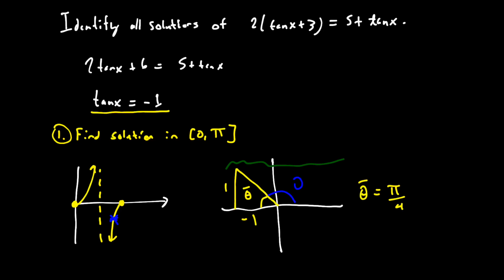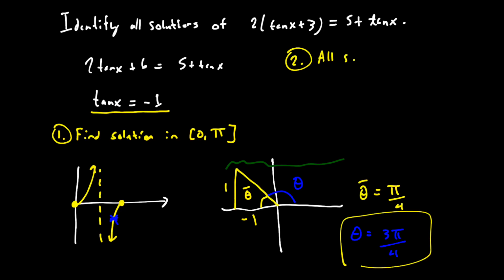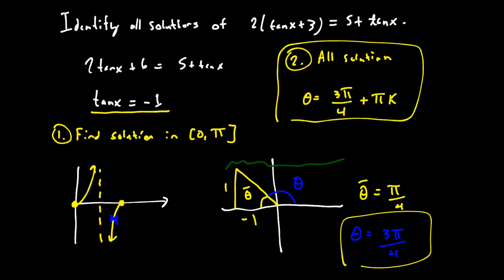Then our theta is going to be equal to 3 pi divided by 4. This is a particular solution, so to find all possible solutions, this is going to be given by theta is equal to 3 pi divided by 4 plus pi times k, since tan has a period of pi. And this is our final answer.